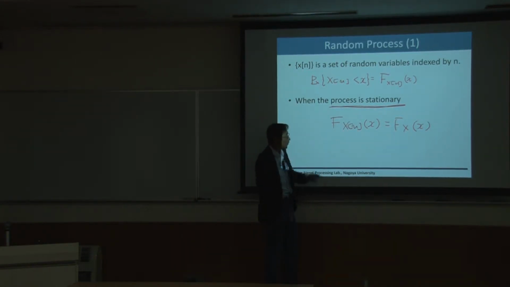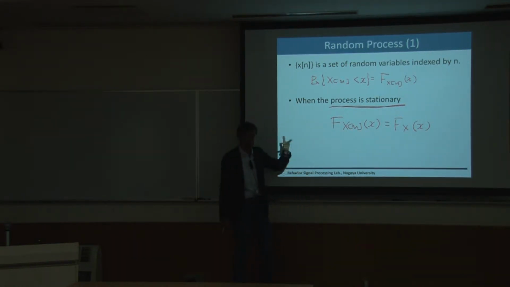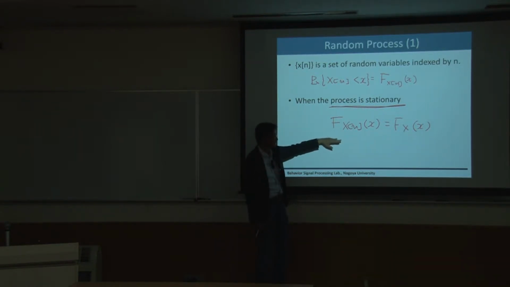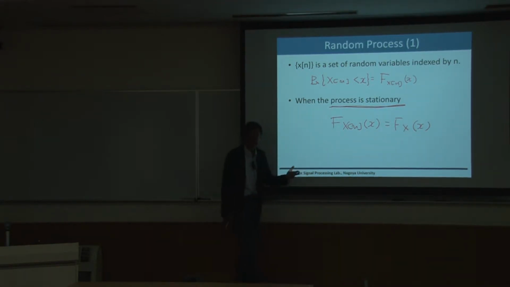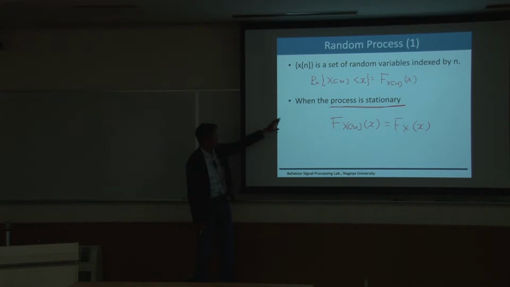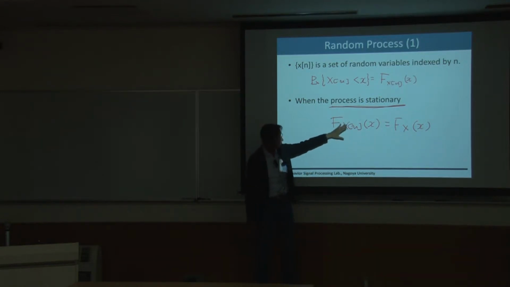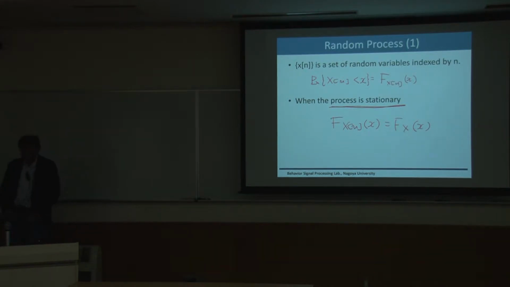And with only knowing this distribution function, you can calculate the expectation value. So knowing the real value doesn't matter. Knowing the distribution function matters. And the definition of stationarity can also be built on the distribution function, which is independent from the index n.